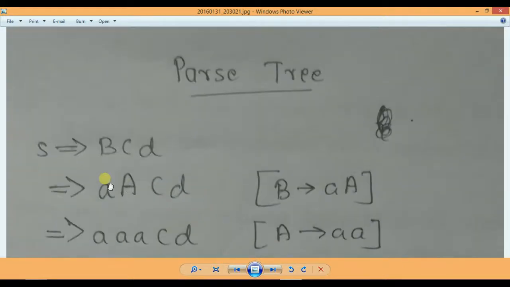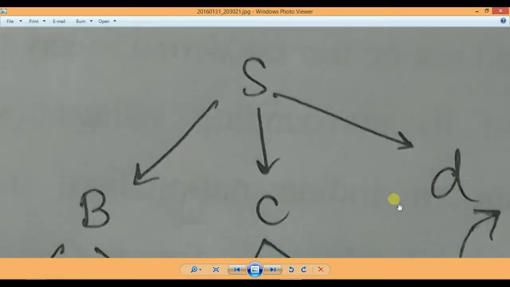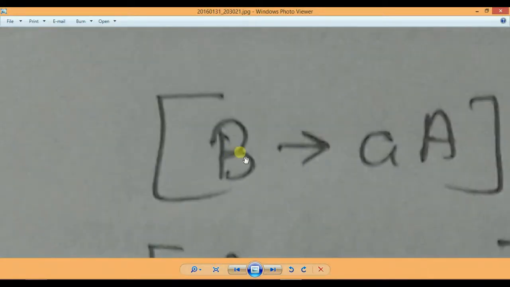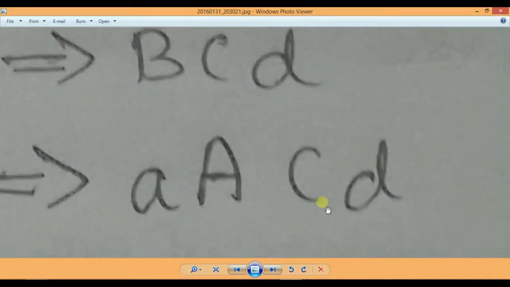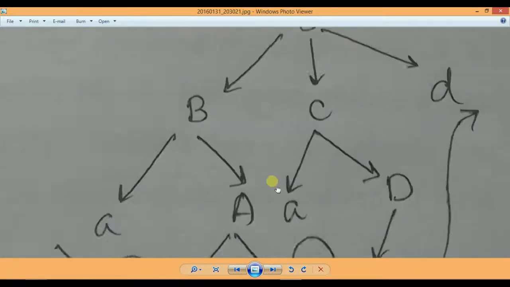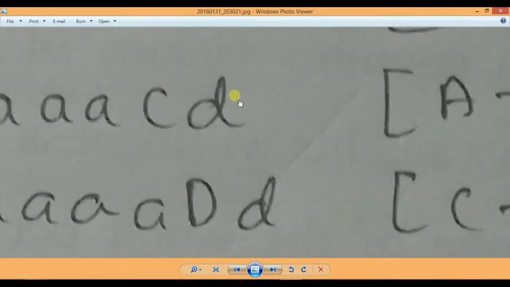The first line is S is equal to BCD. So in the graph, first S is written, and from S, three nodes branch out. They are B, C, and D. And then in the next step, B is changed to small a and capital A. B, C, D becomes small a, capital A, C, D. So in the graph, we'll also branch this B into small a and capital A. Similarly, after this, A is branched to small a and small a.